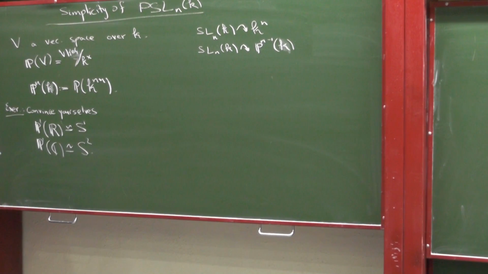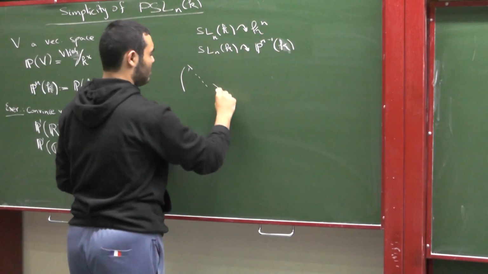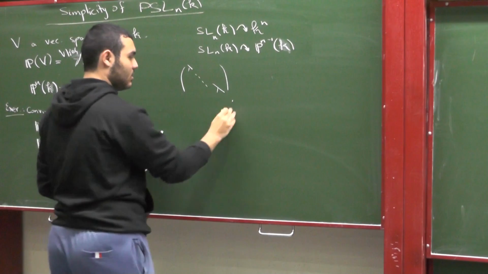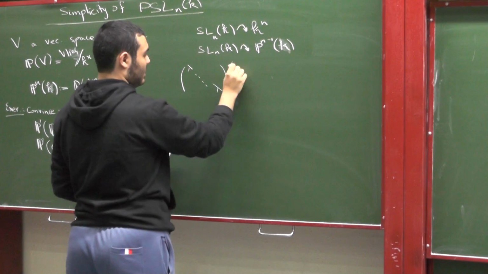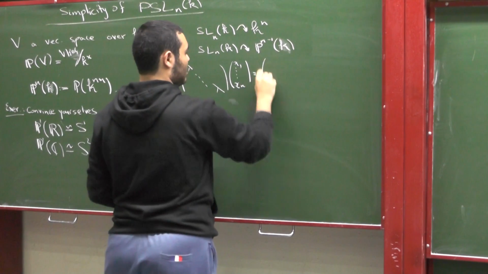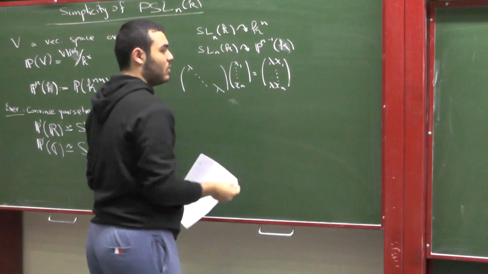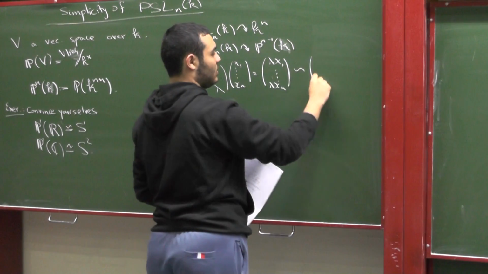Now some of these act trivially. Which ones? If I look at a matrix of this form, then its action on x1 to xn is just lambda x1 to lambda xn, which we already identified with our original vector.